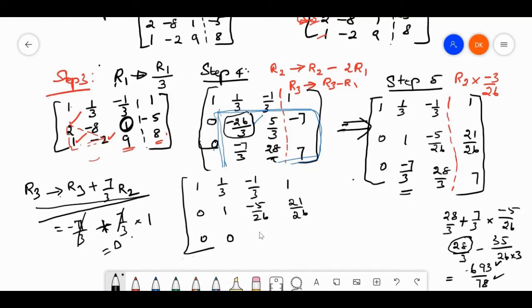Okay, so what will happen? 693 divided by 78. Okay, so for this, 7. So 7 plus 7 by 3 into R2 minus 7. Okay, so then 7 minus 49 divided by 3. Finally if you substitute, you will get 231 divided by 26.